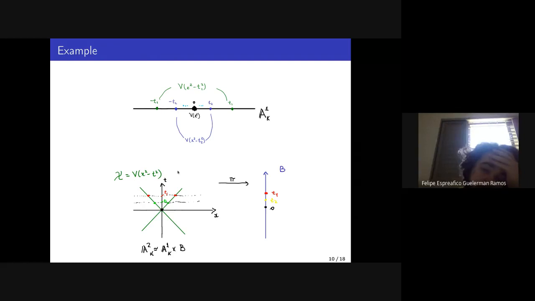We could consider this family in A2, and this space is exactly this pair of lines, and we are projecting horizontally to our space B. That's the picture of the projection of the family. This picture is good to see how we can work with the family as a scheme itself.